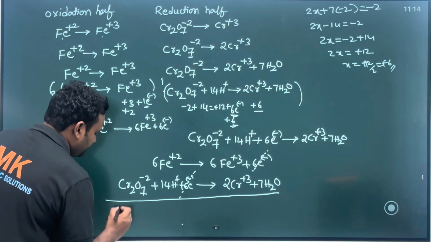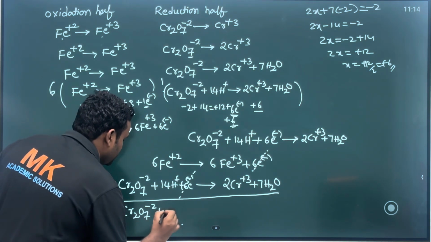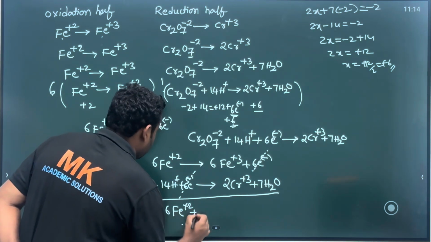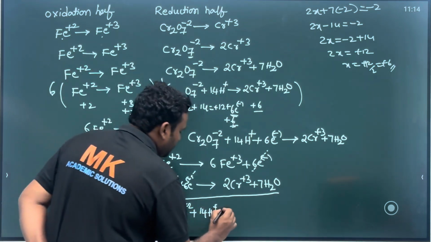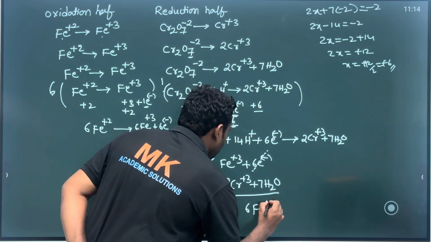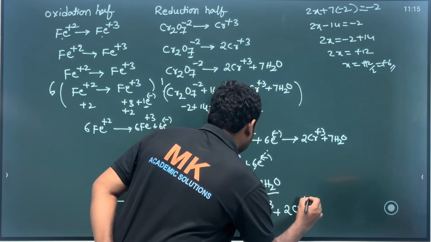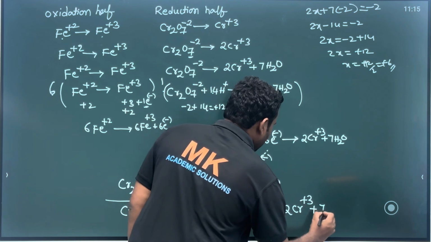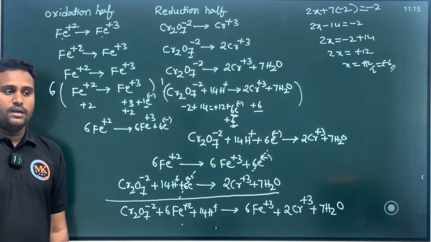So write Cr₂O₇²⁻ plus 6Fe²⁺ plus 14H⁺ gives rise to 6Fe³⁺ plus 2Cr³⁺ plus 7H₂O. So this is the balanced reaction.